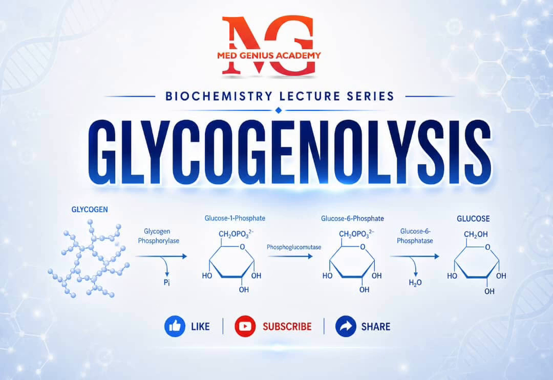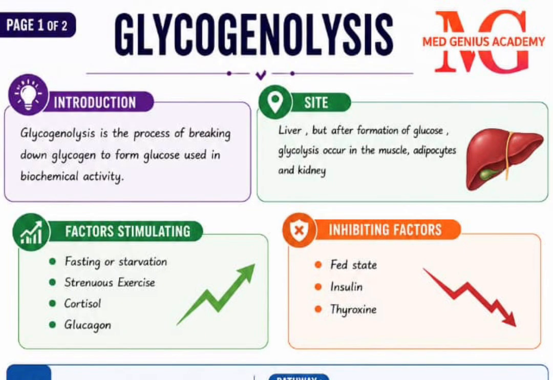Glycogenolysis, where lysis means breakdown of glycogen. So we start with the introduction. What is glycogenolysis? It's a metabolic process which involves the breakdown of the stored glycogen, or converting the stored glycogen into glucose used for other biochemical activities.